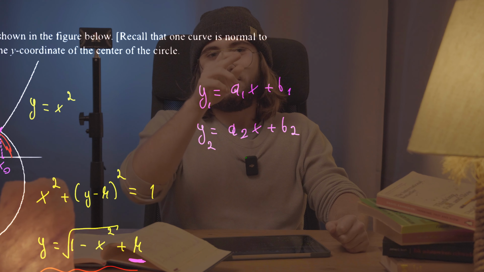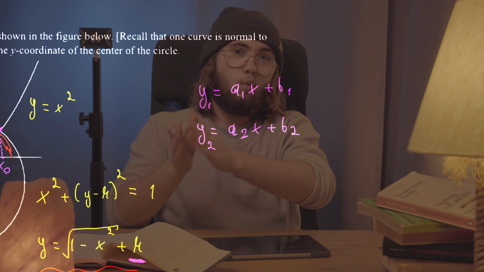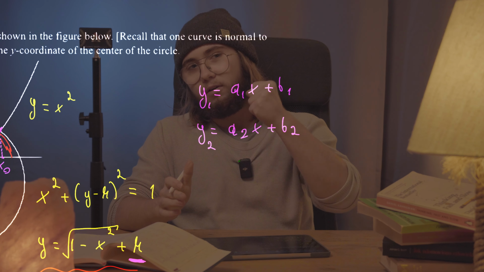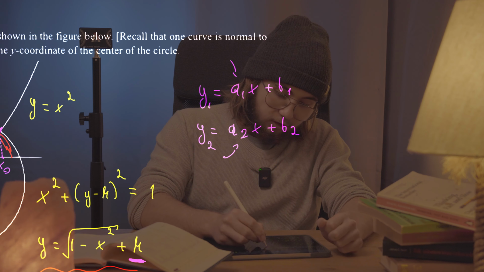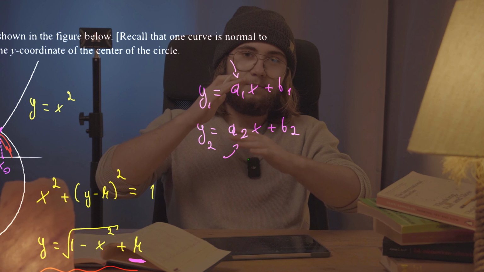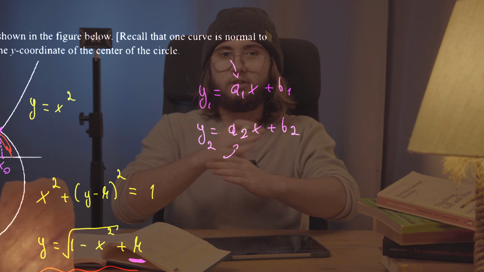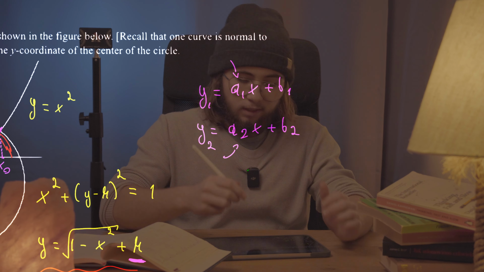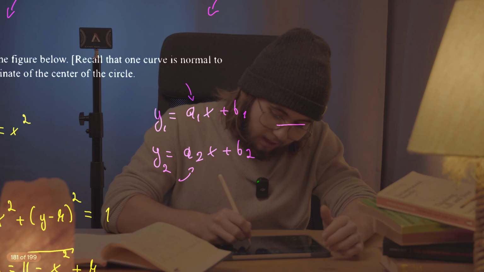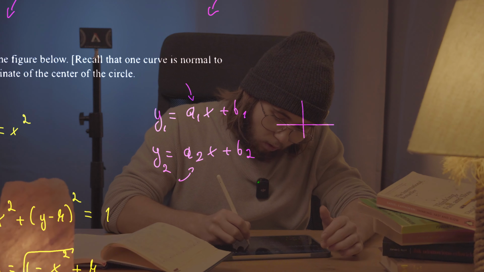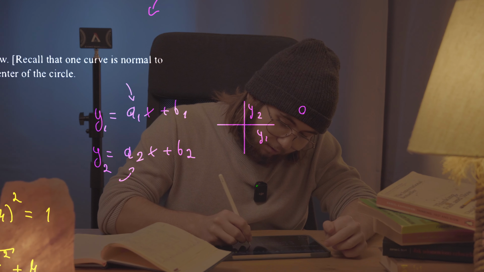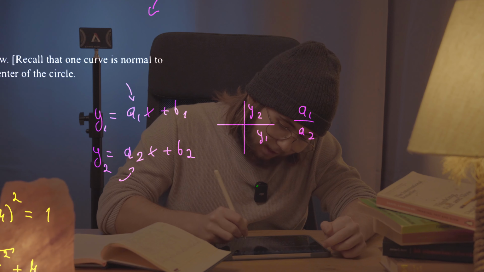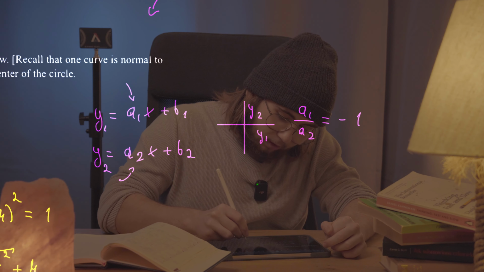So y1 is perpendicular to y2 whenever the coefficients right here next to x, so the slope coefficients of those lines, have a quotient of -1. I'm going to draw the y1 and y2 lines here. So y1 and y2 are perpendicular whenever a1 over a2 is equal to -1.